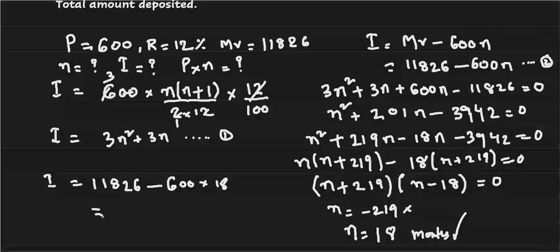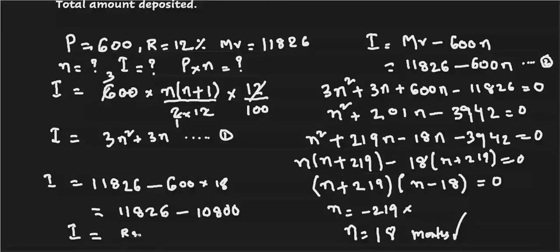Okay, so if you do the calculation, you will get 11826 minus 10,800. So it becomes, interest value will be given as rupees 1026.